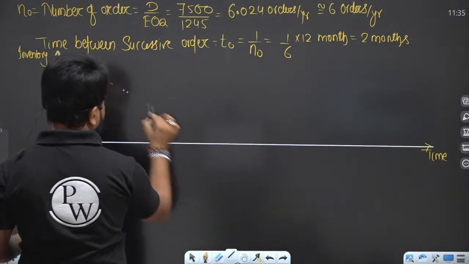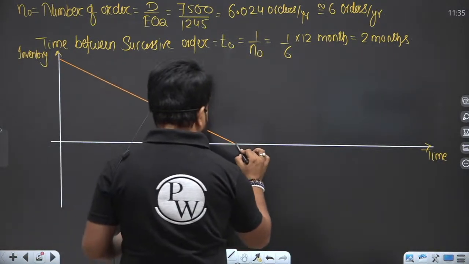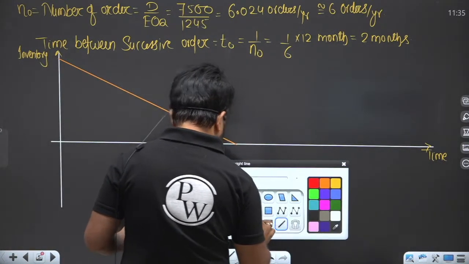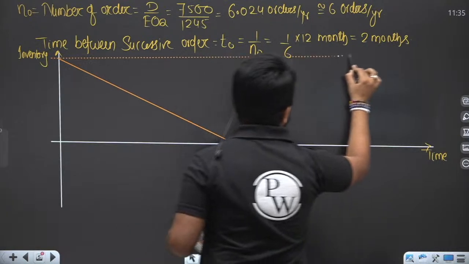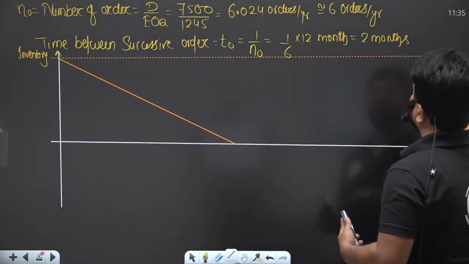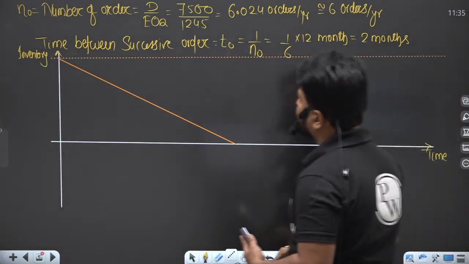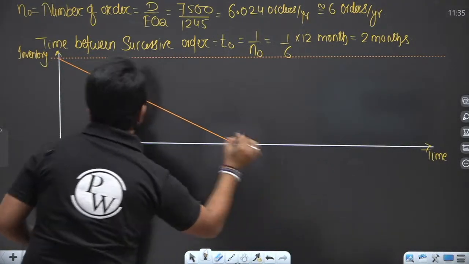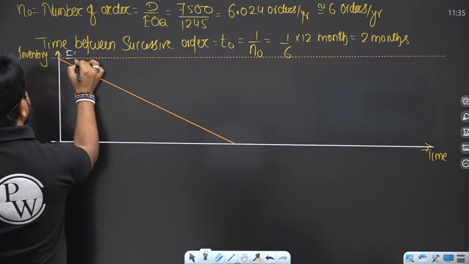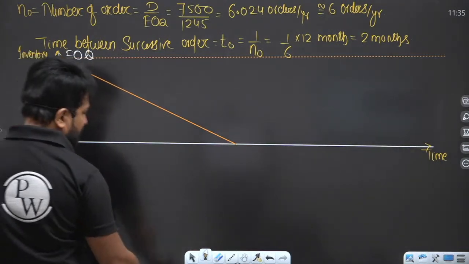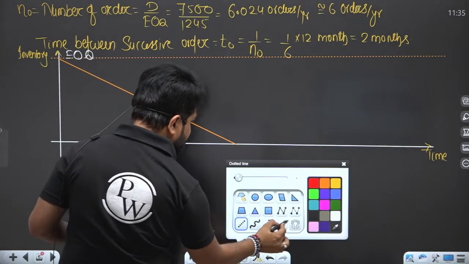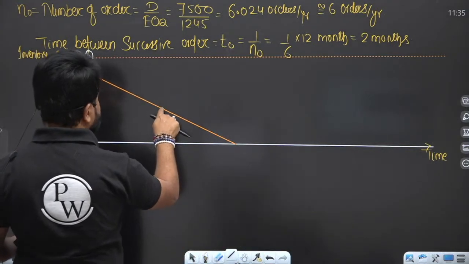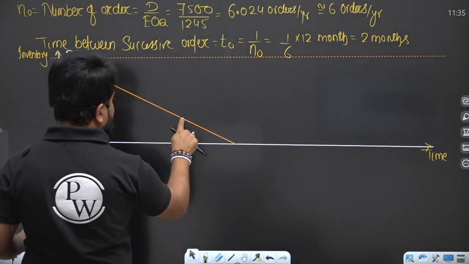Inventory is going to build up in a short interval of time. This is the economic order quantity which you order.